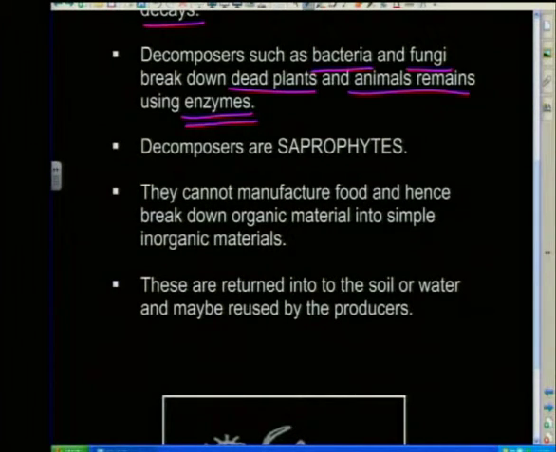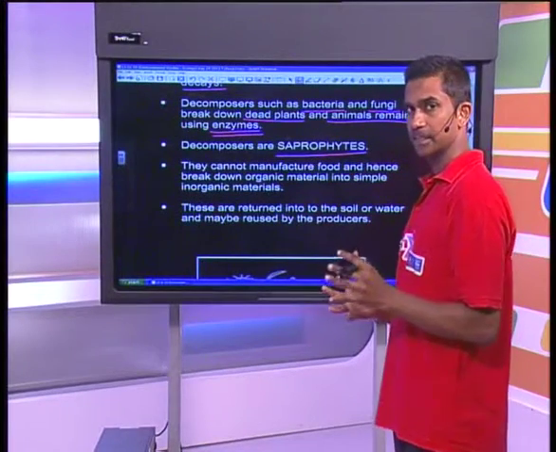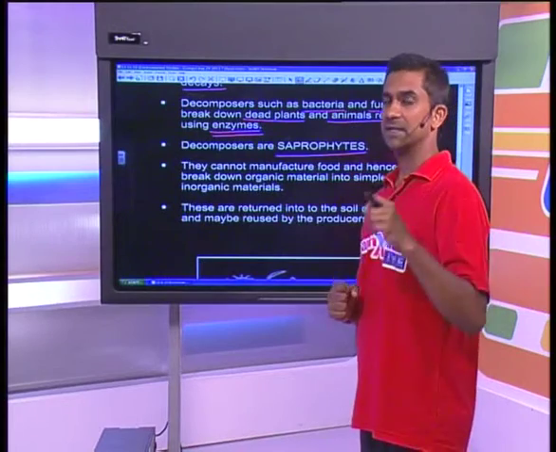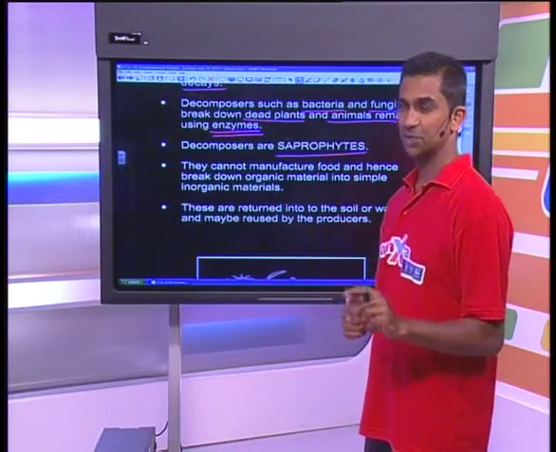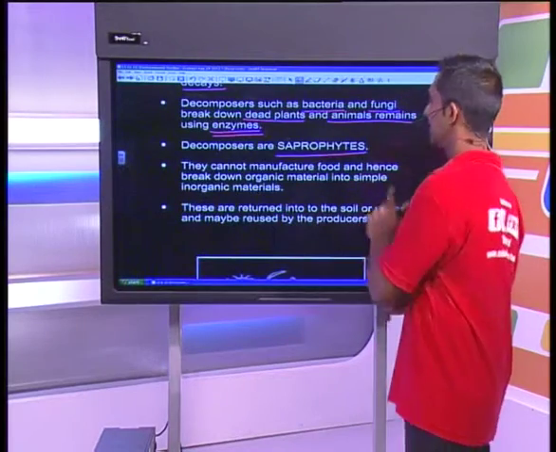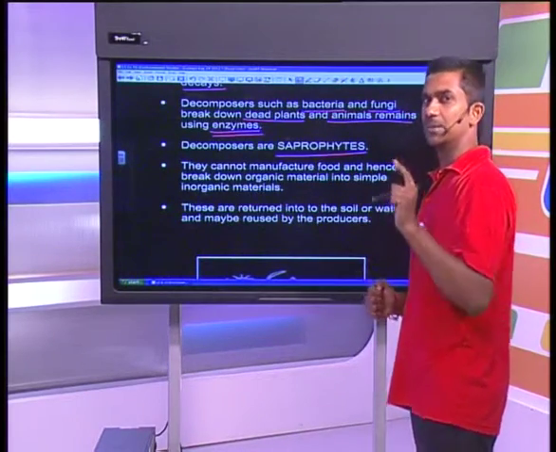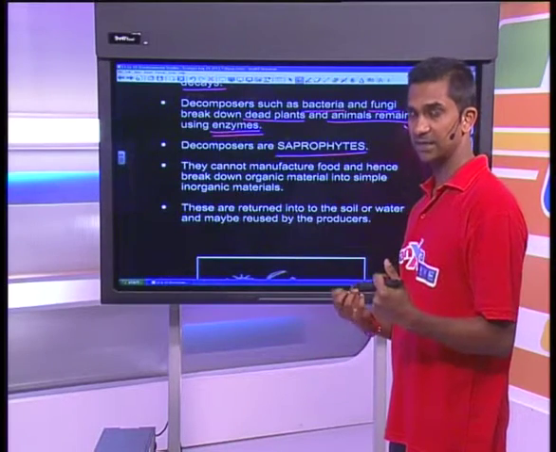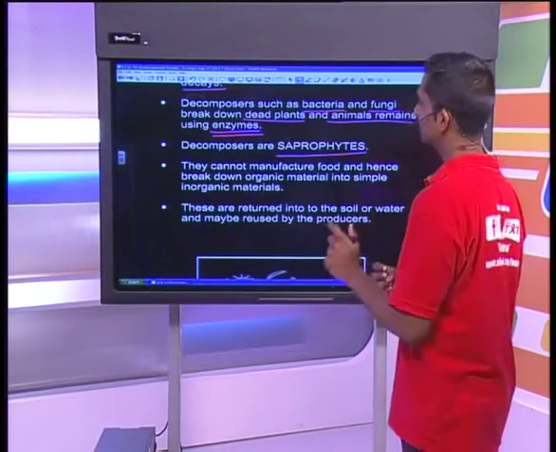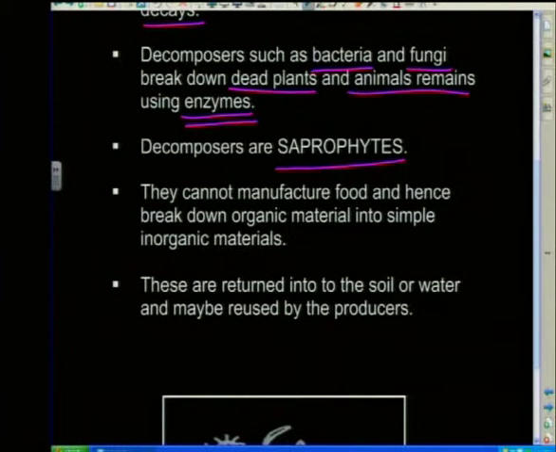We could also refer to decomposers as saprophytes. Now, what does the term saprophyte refer to? We looked at organisms that are capable of photosynthesizing; we refer to them as autotrophs. Saprophytes are organisms that cannot manufacture their food but rely on dead decaying material to sustain their nutritional needs. And hence we refer to decomposers as saprophytes.